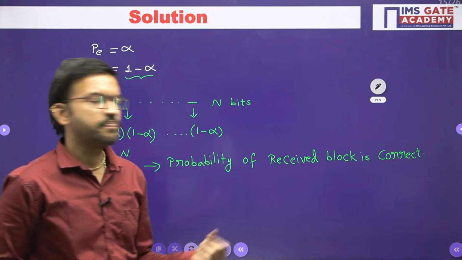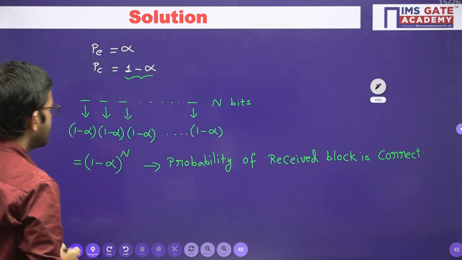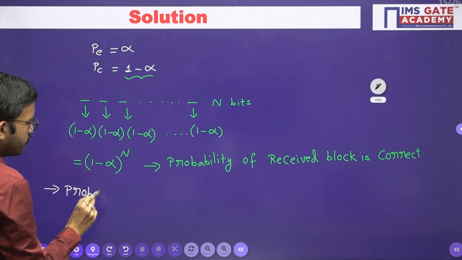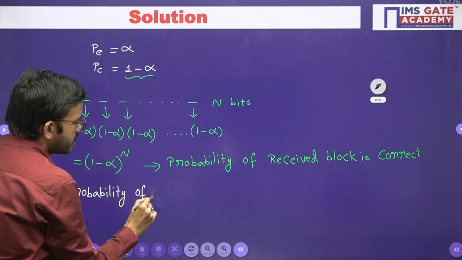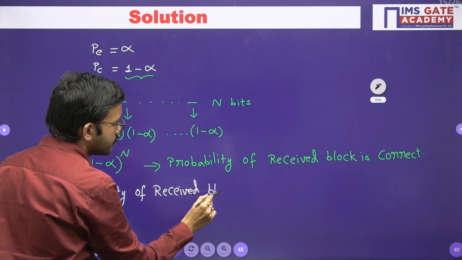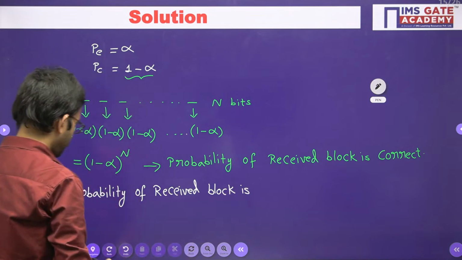What they have asked is the probability that the received block is erroneous. Probability of received block is erroneous.